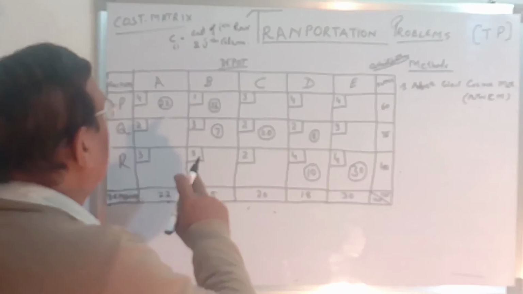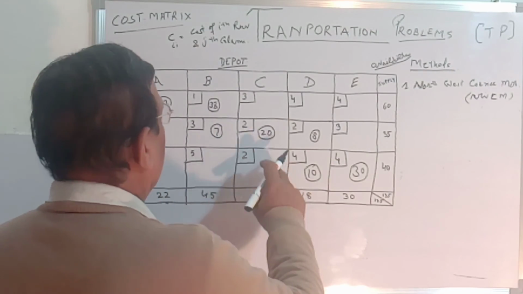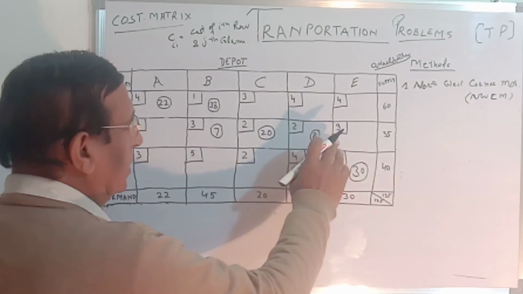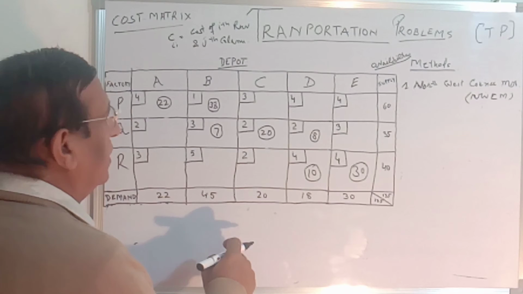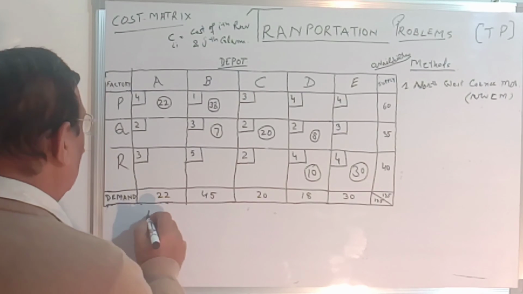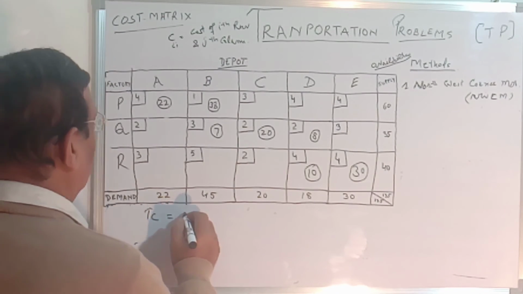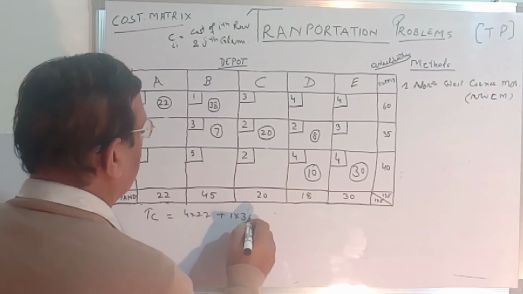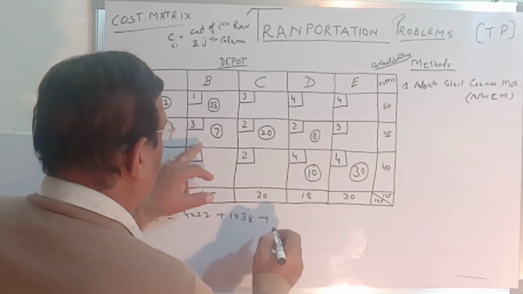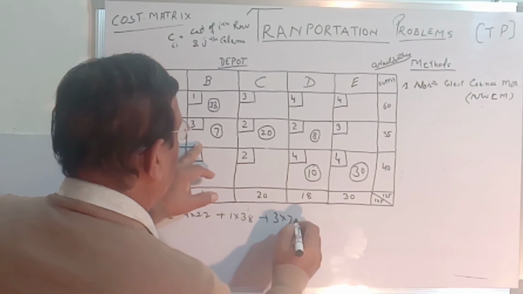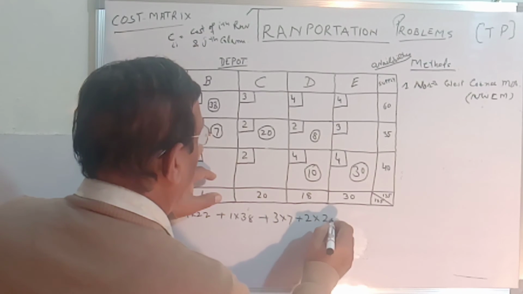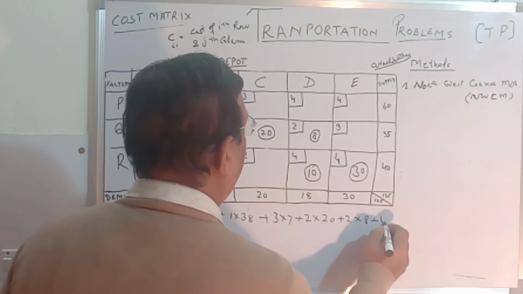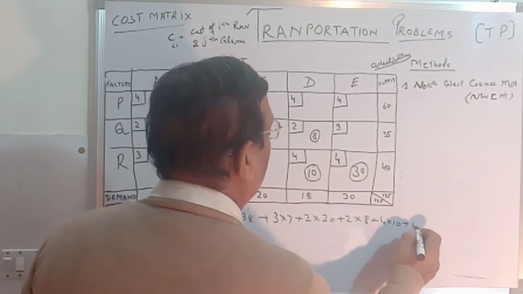And further move row wise, then you can immediately judge how much is left and from where it is to be taken. Now total cost will be 4 into 22 plus 1 into 38 plus 3 into 7 plus 2 into 20 plus 2 into 8 plus 4 into 10 plus 4 into 30.